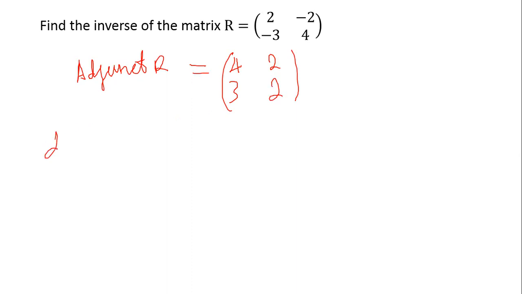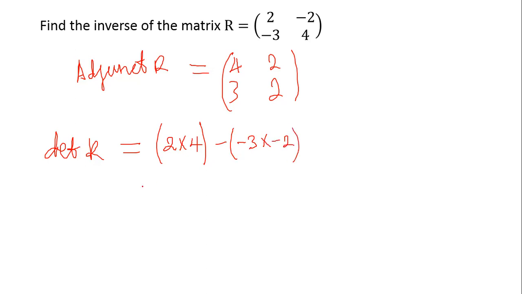Then we now find the determinant of R. So that would be 2 times 4 plus -3 times -2.